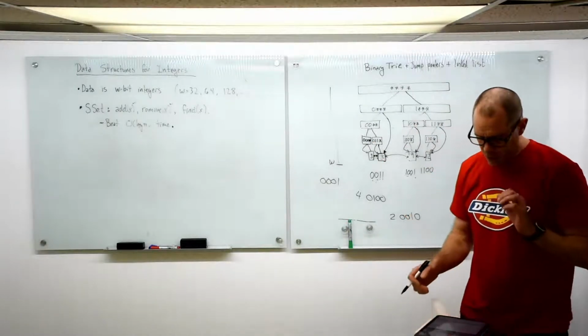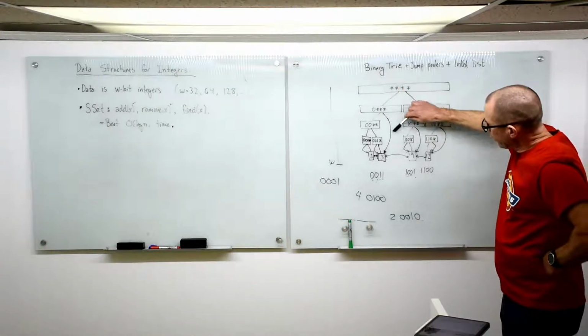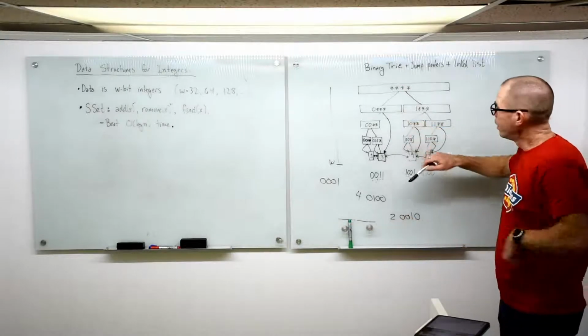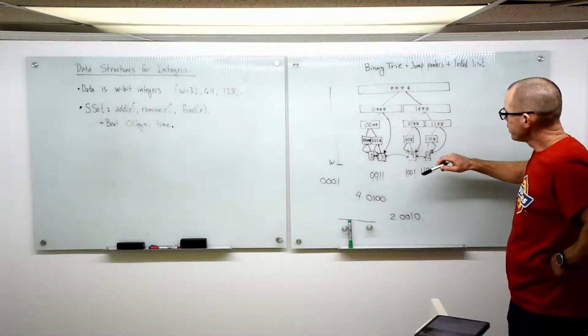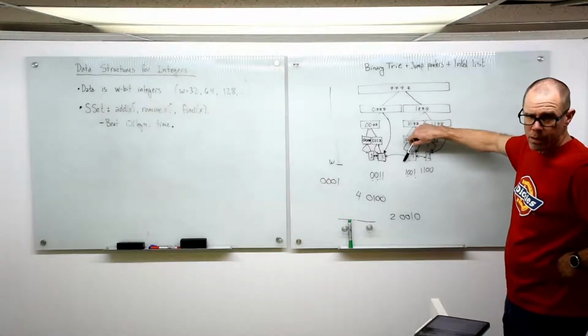So if a right subtree is missing, like here, then it points to the largest thing in the left subtree. And if a left subtree is missing, like here, then it points to the smallest thing in the right subtree.